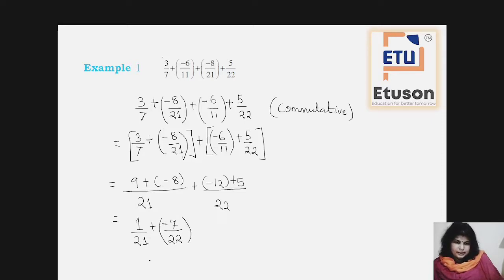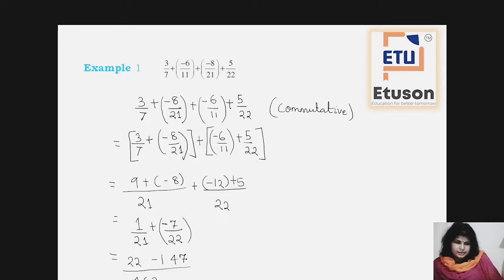Now you will take the LCM of 21 and 22, that is 462. So I will multiply 22 here, minus your 140.